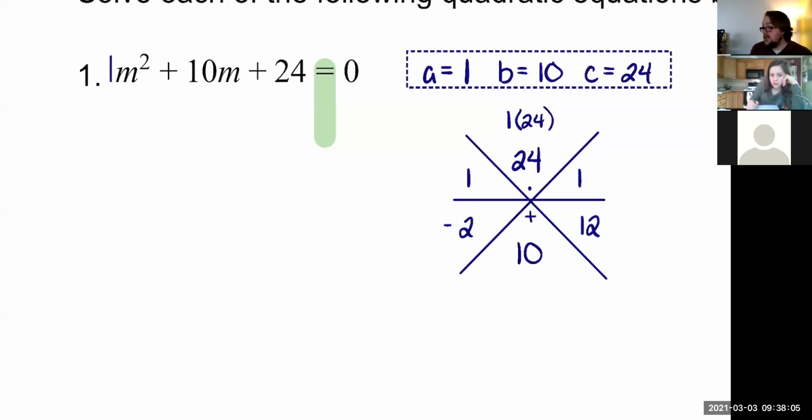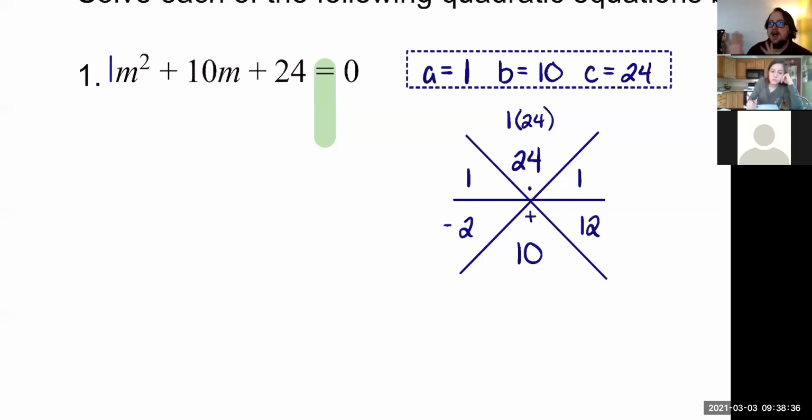Well, negative 2 plus 12 would be a positive 10. But what's negative 2 times 12? Negative 24. So although we could get it to work to add to equal positive 10, it did require us to make one of them negative. And the problem with that is if the signs are different, it's going to multiply and it's not going to equal the positive value that we're looking for.